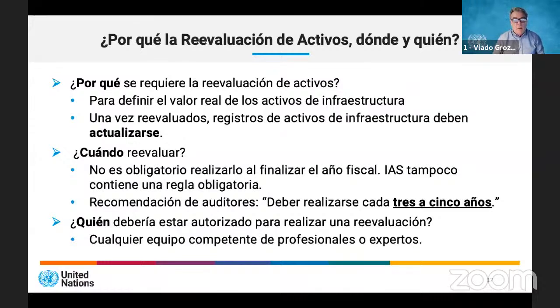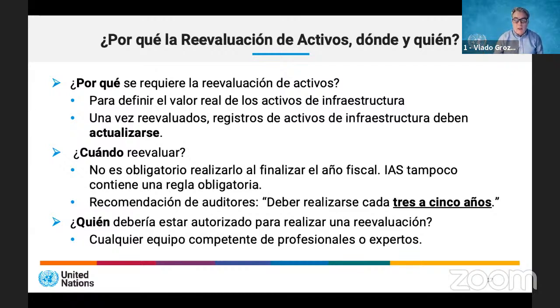Valuation assessment at municipalities may be conducted by any competent team of professionals familiar with the assets and their municipal function, with sufficient technical, organizational, economic or financial knowledge. So those can be internal teams or external teams.